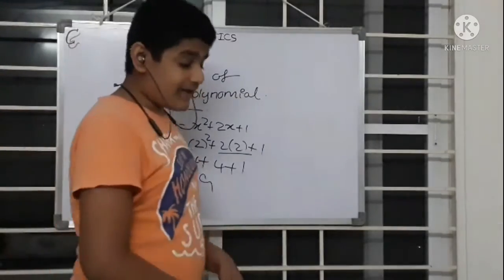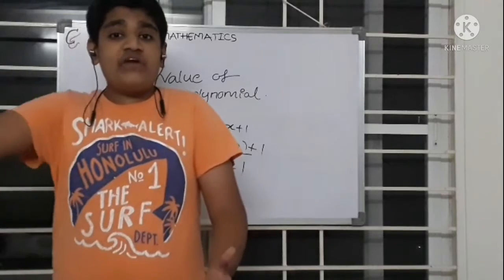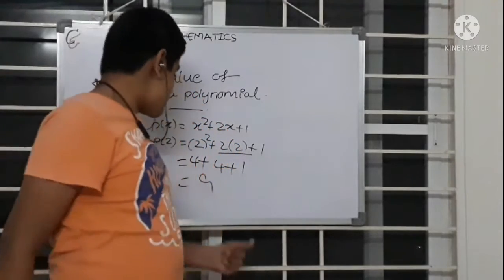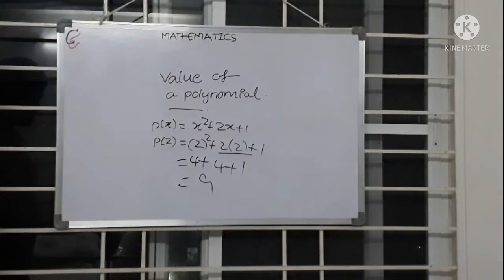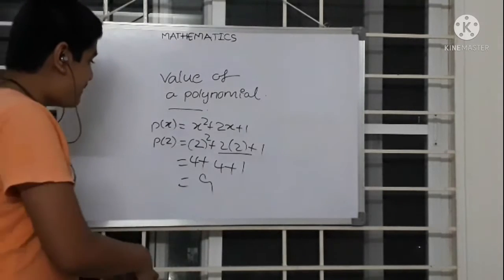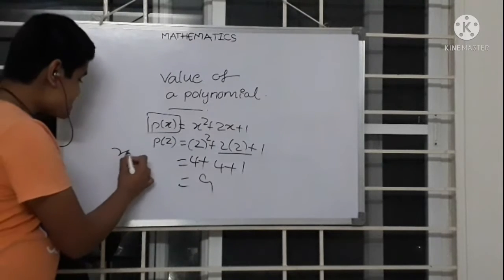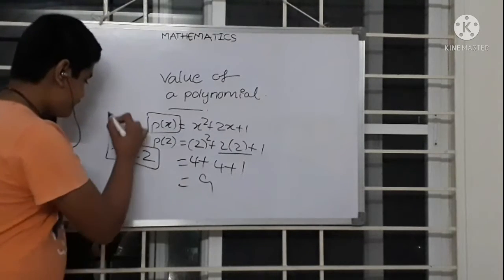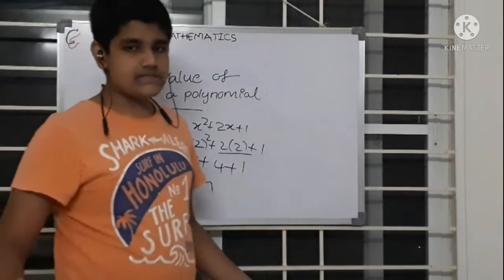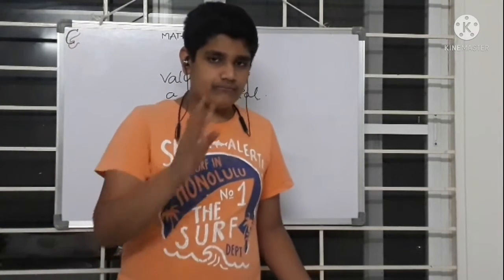So now we can say 9 is the value of P of x where x is equal to 2. Is the concept clear? Are you understanding? Right.